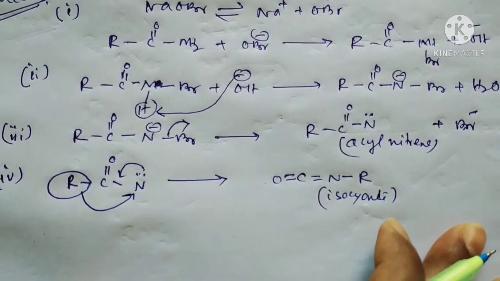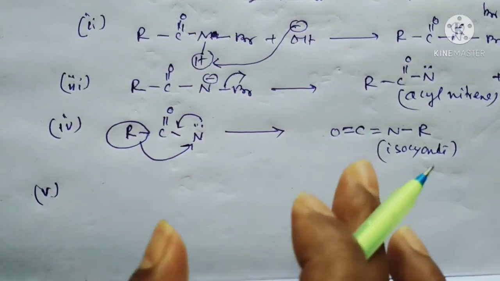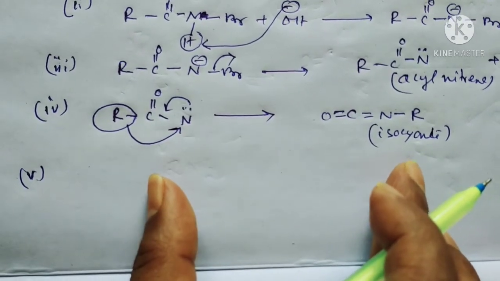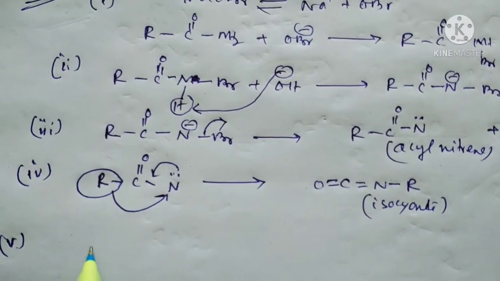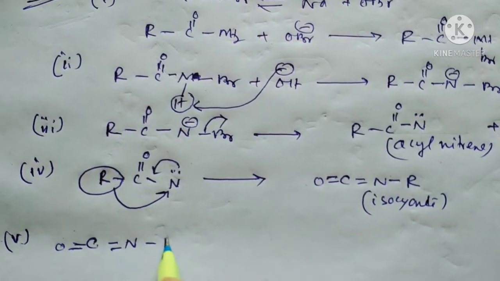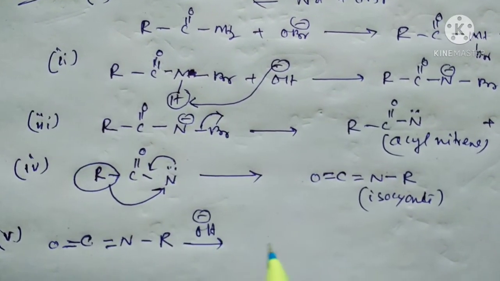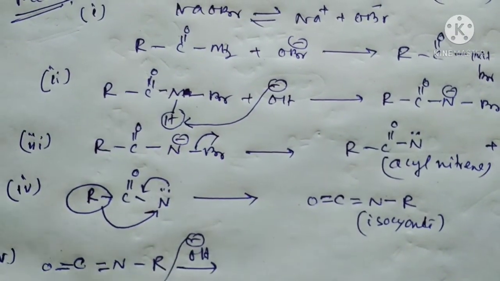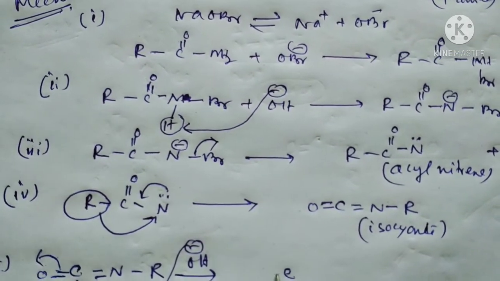Now in the fifth step, this isocyanate is readily hydrolyzed in basic solution to form the first degree amines and carbonates. Now see, this is our isocyanate. In presence of bases like NaOH, this base attacks this carbon.